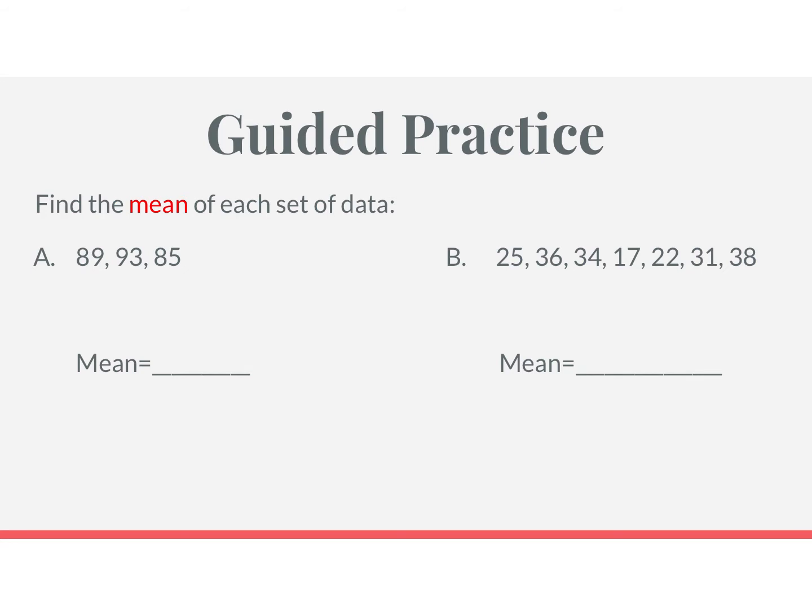Now let's solve a few guided practice problems together. We will find the mean for each set of data. So for our first set of data, I see 3 numbers, 89, 93, and 85. Our first step is to add those 3 numbers together.